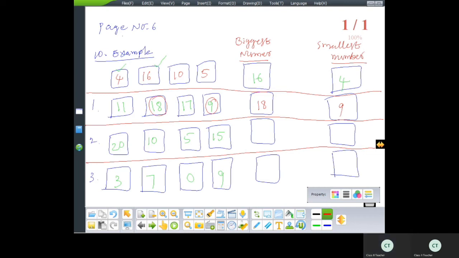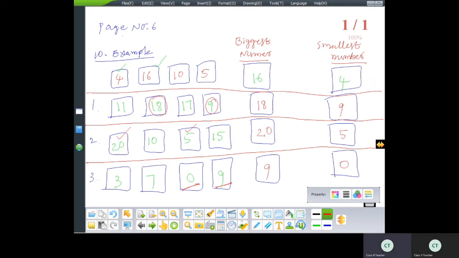From the four numbers, the smallest is 5. From question 3, the given numbers are 3, 7, 0, 9.